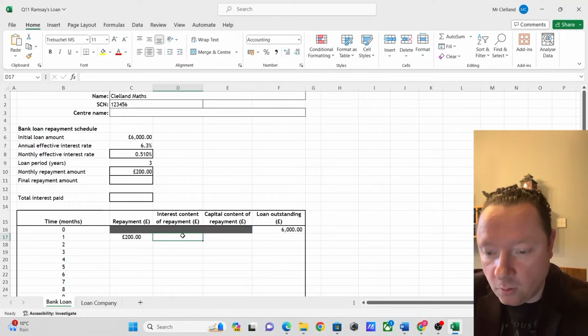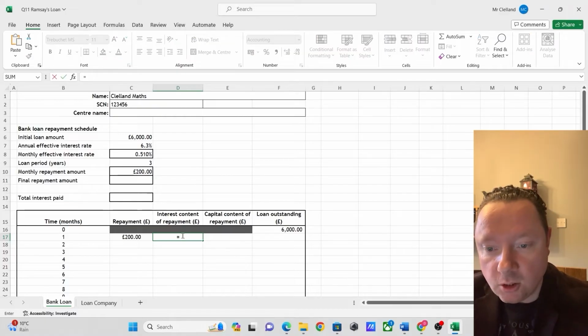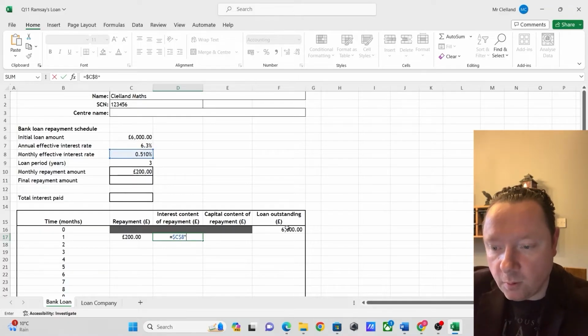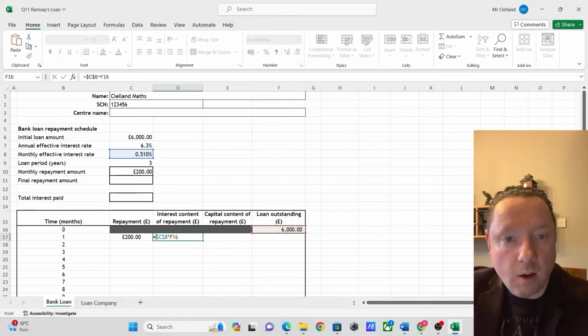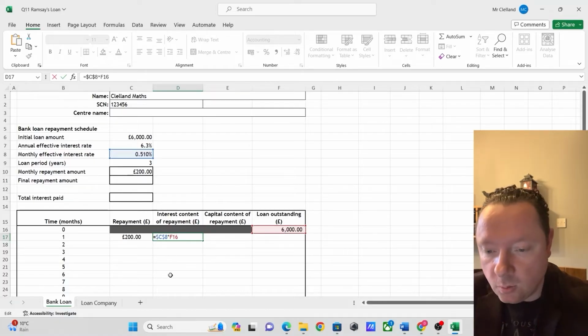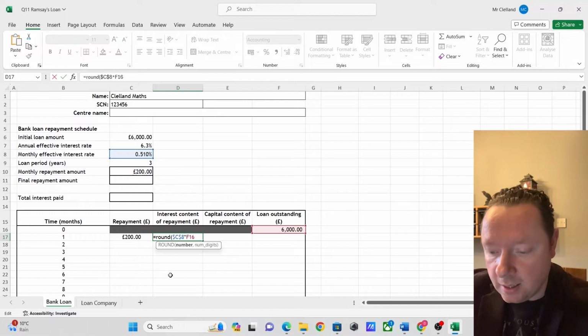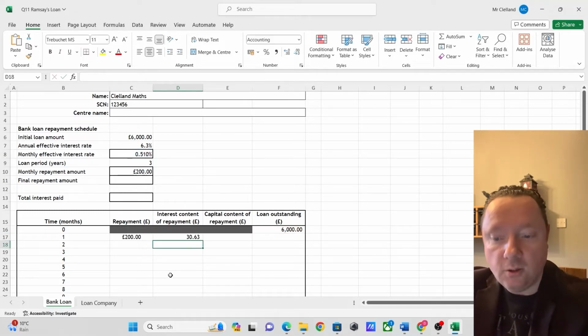So that equals the monthly interest, which is $C$8, times the loan outstanding, which is just this one here, F16. We want that to change over time, but we don't want that to be any more than 2 decimal places. So we're going to round that to 2 decimal places. So comma 2, press equals, and make sure we get 2 decimal places.